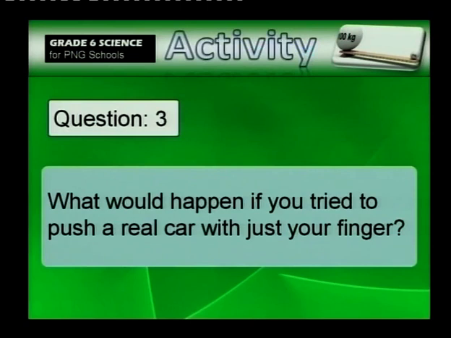Okay, so you can also pull. You can push and also you can pull, drag, pull back, and then you let it go.